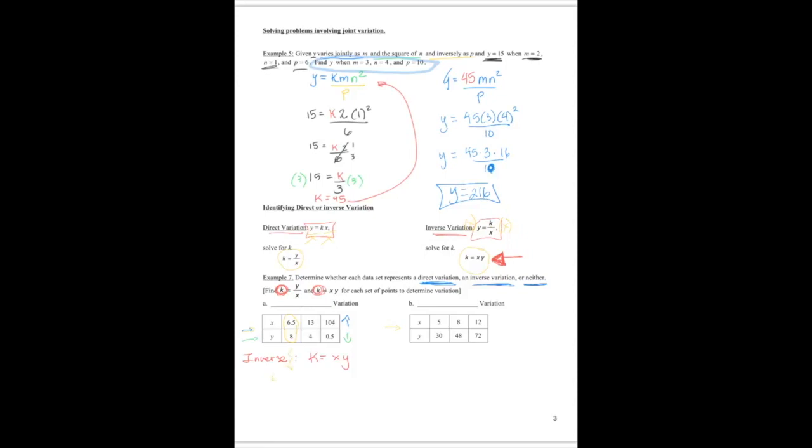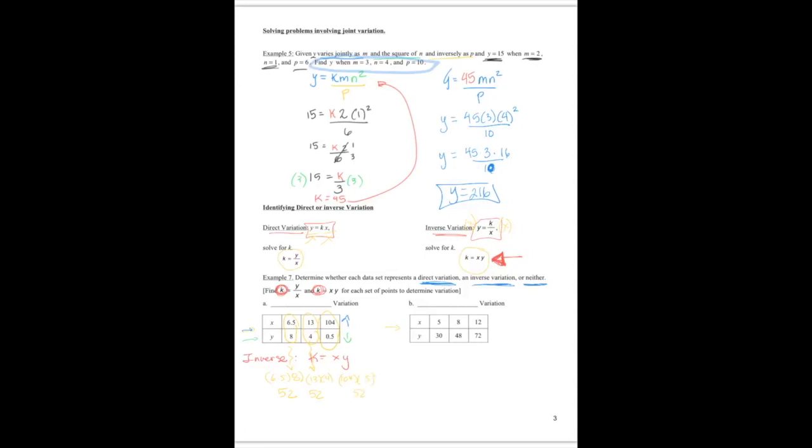So this would be 6.5 times 8, which is 52. Now let's look at the next pair of xy. That's 13 times 4, which is also 52. But we can't assume that the last set of xy values also gives us 52.